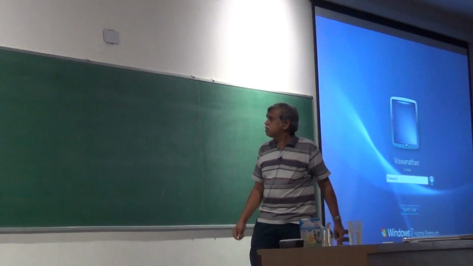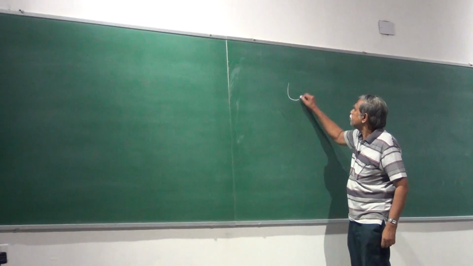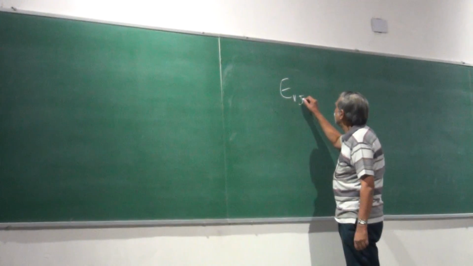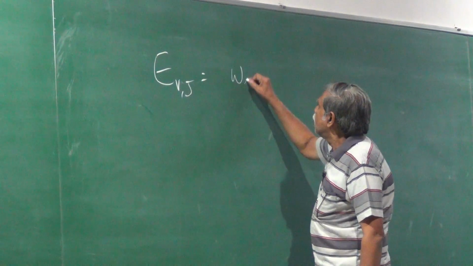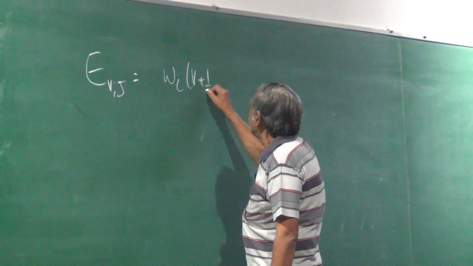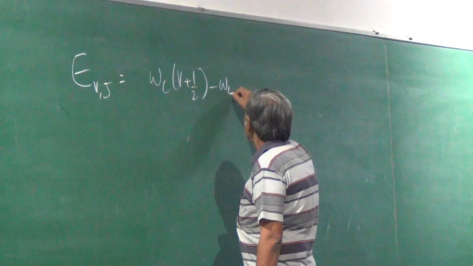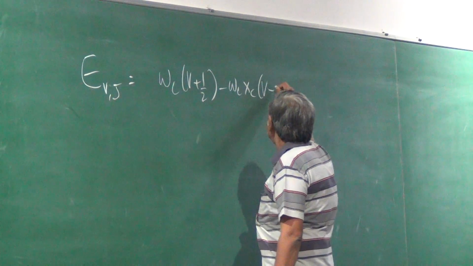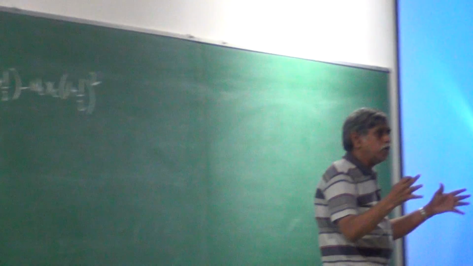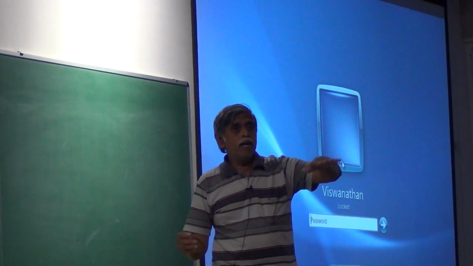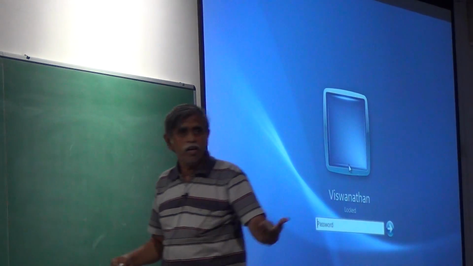What we will do now is, let's write the energy equation for a given vibrational rotation level. What is that going to be? That's the vibrational part of my energy. On top of that, I have to superimpose my rotation.